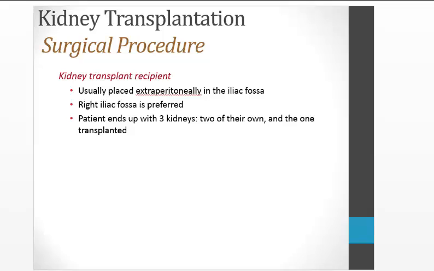What most nurses and students don't realize is that the patient ends up with 3 kidneys, 2 of their own and 1 of their transplanted kidneys. They don't take out the 2 kidneys that are not doing their job. They feel that by taking them out, it puts the patient at higher risk for complications. So they just leave the 2 in, and then the 3rd kidney, the kidney that's being transplanted, ends up in the patient's right iliac fossa.